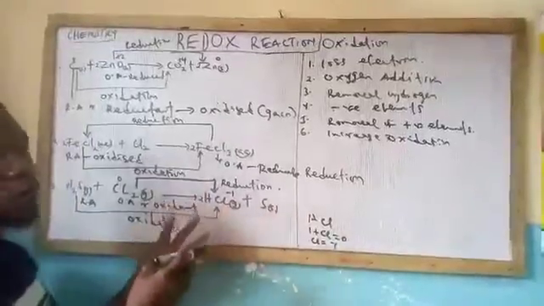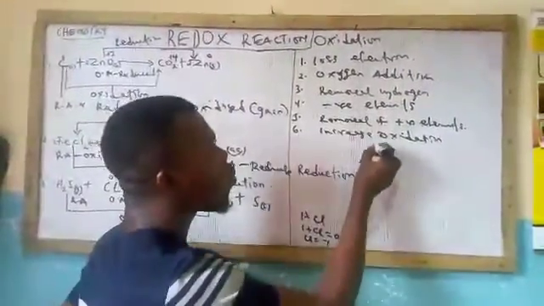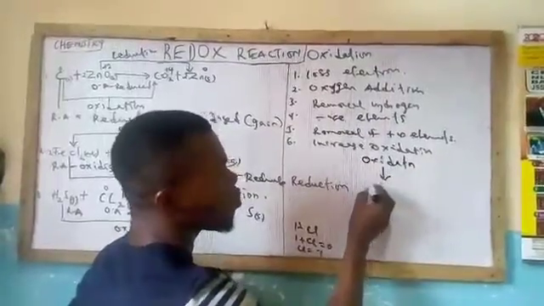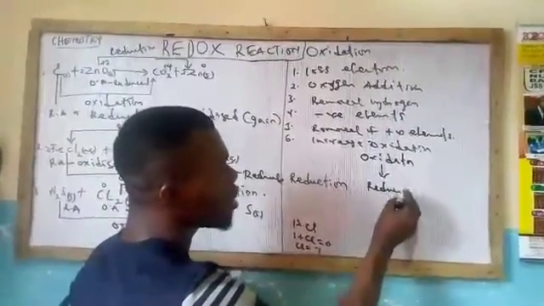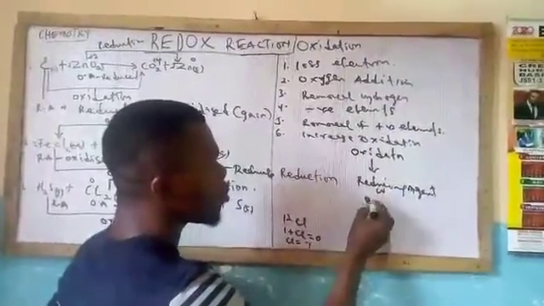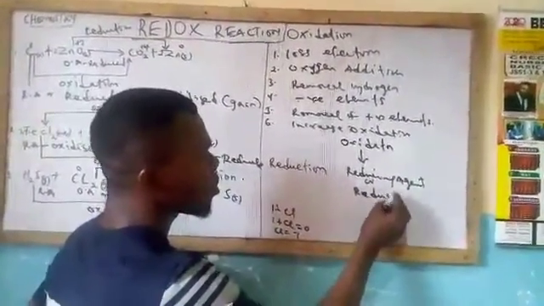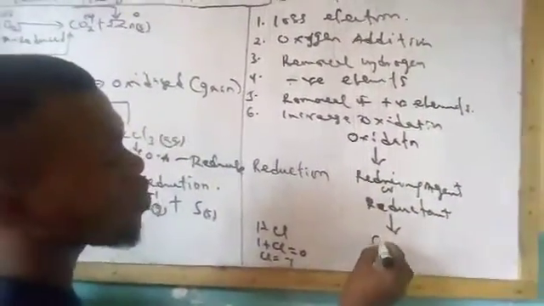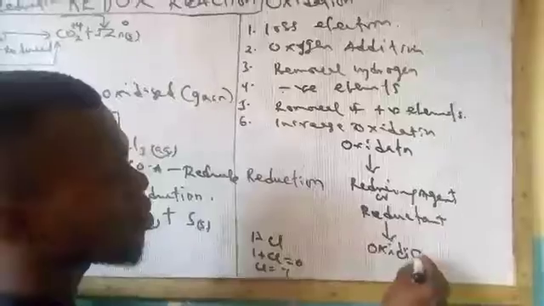Now, in summary, it simply means that whenever there is an oxidation process, the agent responsible is known as the reducing agent, or we can also call it reductant. And the agent ends up becoming what? Oxidized.